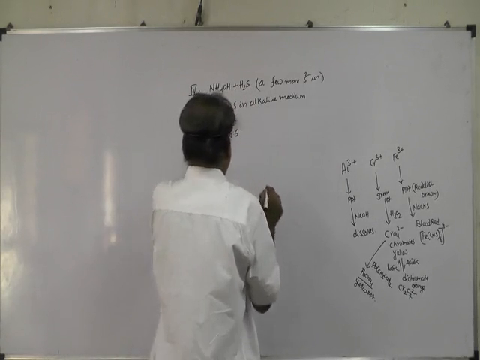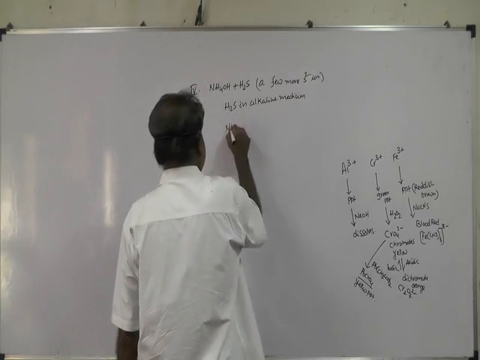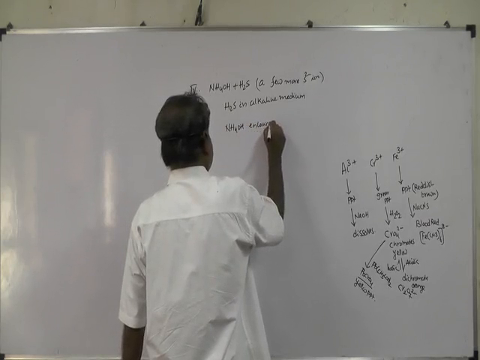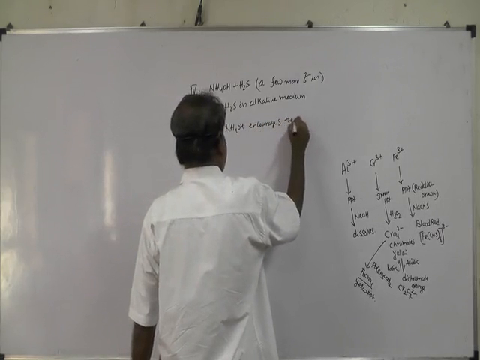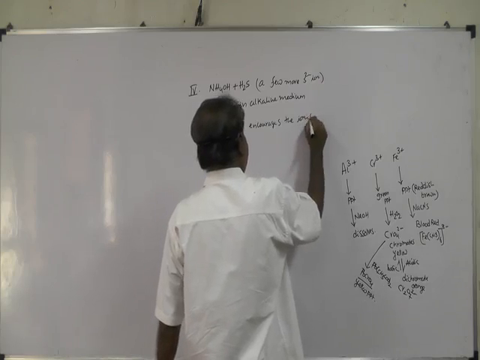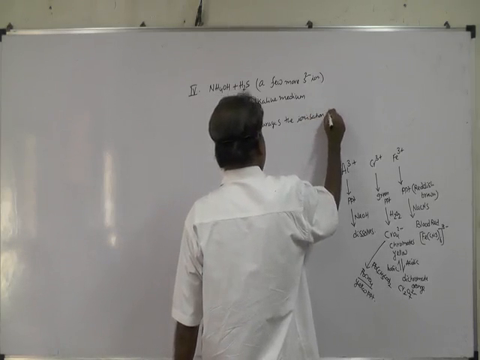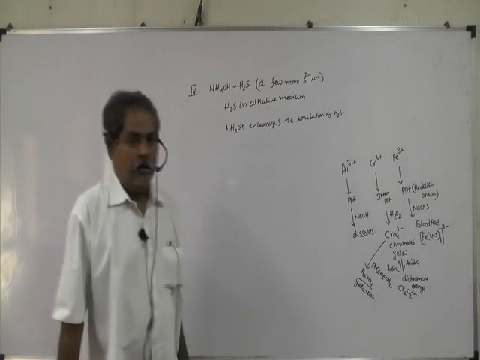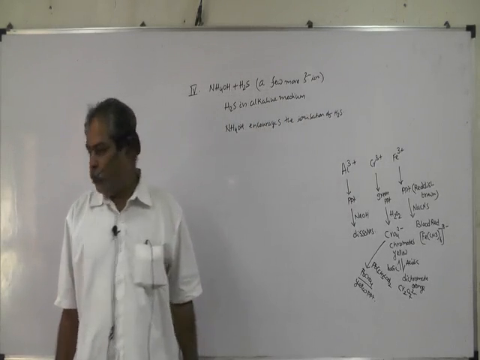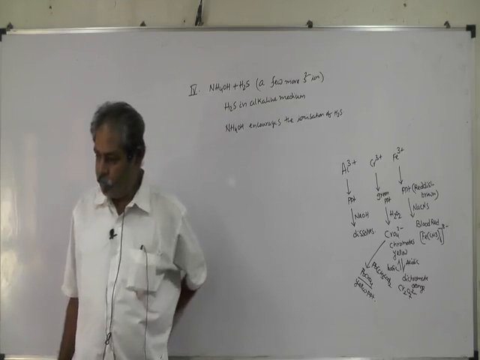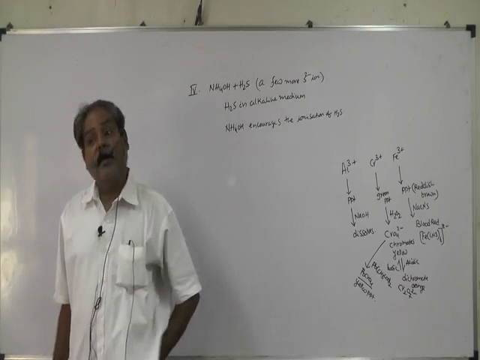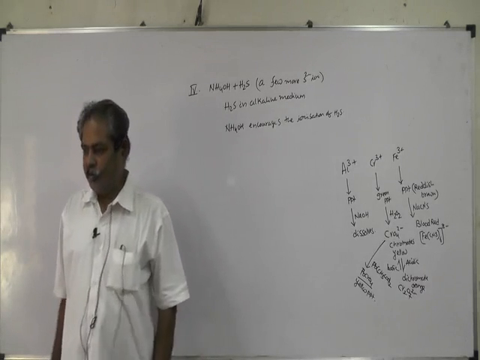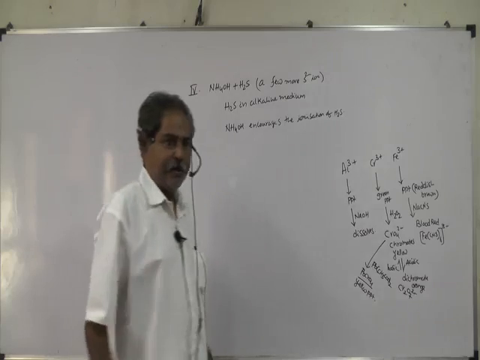H2S, NH4OH encourages the ionization of H2S. Why do you think that happens? Very good. Water is formed, so heat is released, and that heat will further ionize H2S because of the heat of neutralization.